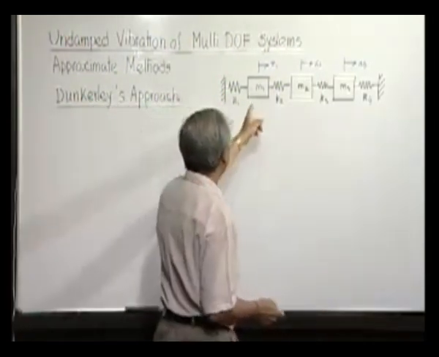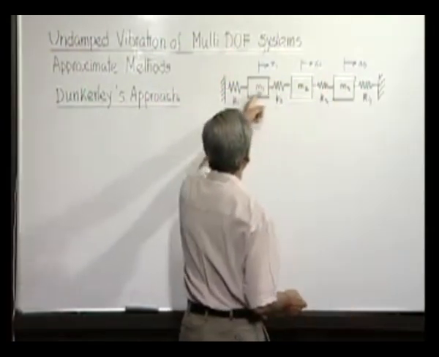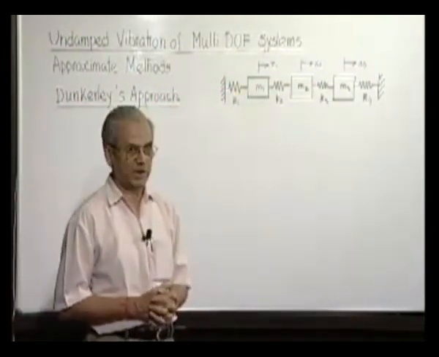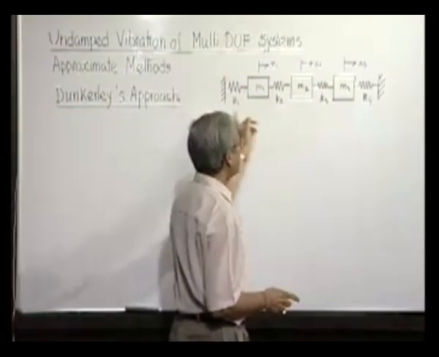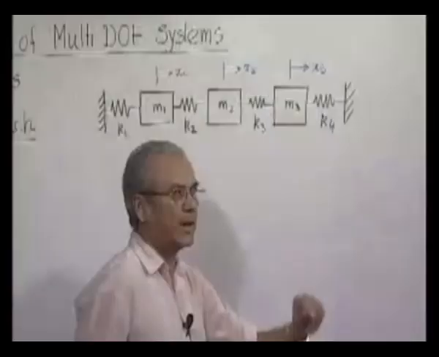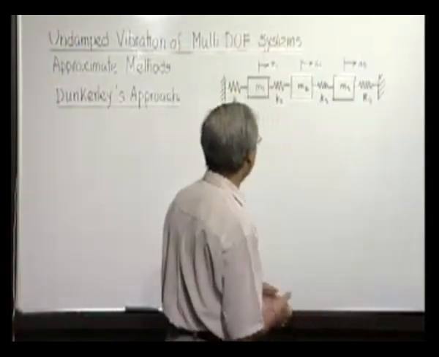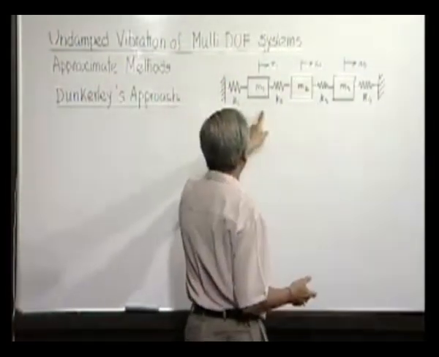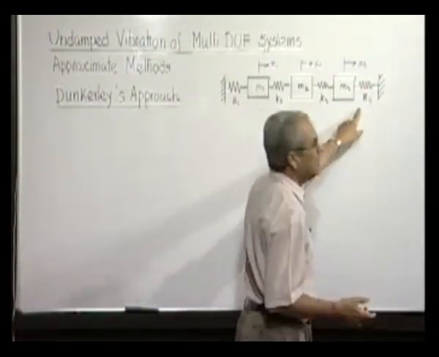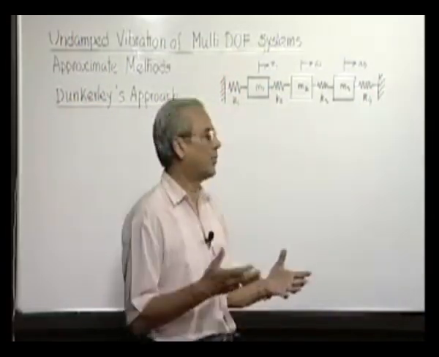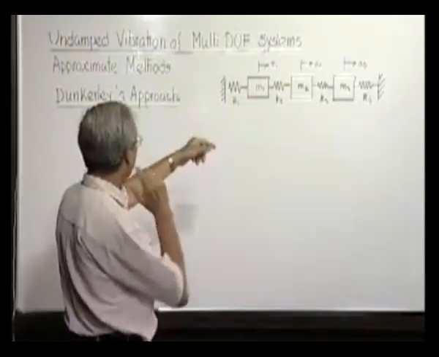We can just apply the load anywhere, and immediately we know the load to which each individual spring is subjected. But in a case like this, when this end is also connected, it becomes statically indeterminate, and still it is possible to find out the deflection by applying unit load. Only thing is that it is slightly more involved, and therefore one has to be careful.